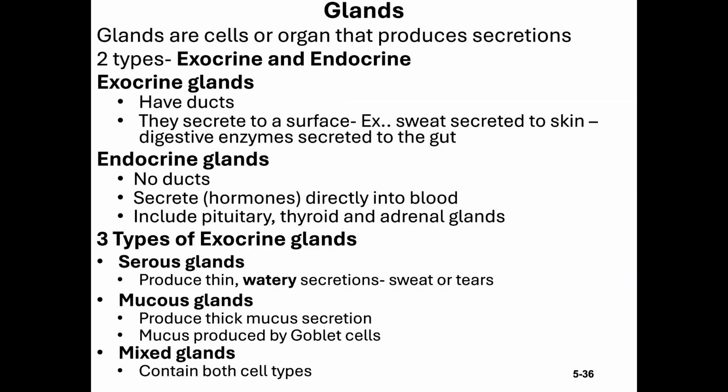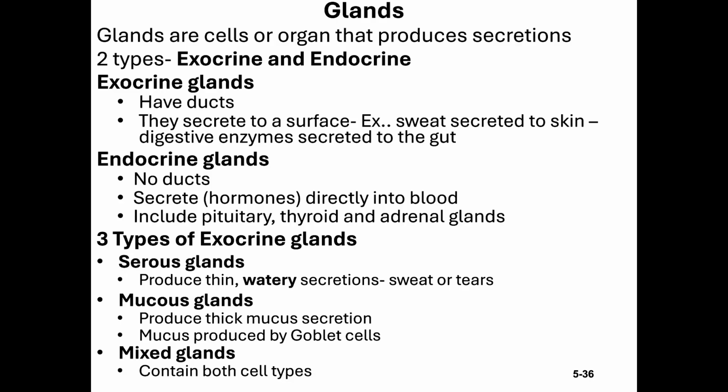Let's have a look at glands. Glands are organs that produce secretions. We have two types of glands. We have exocrine glands and we have endocrine glands. Exocrine glands produce secretions and they have ducts.